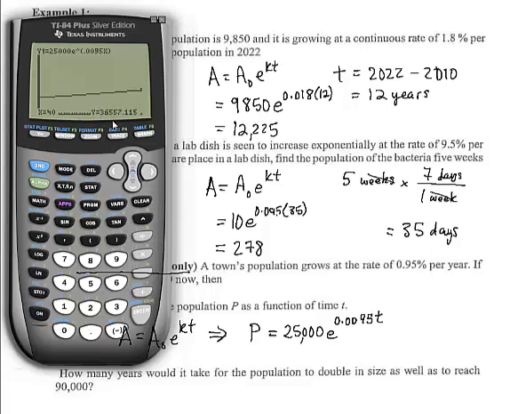Okay, the Y is the population, the X represents the time, so we need to go back to our window and put in a much larger time, and it's exponential, so once it starts to increase it'll do it fairly rapidly. I'll just simply say 100 years, and we'll see where that gets us.